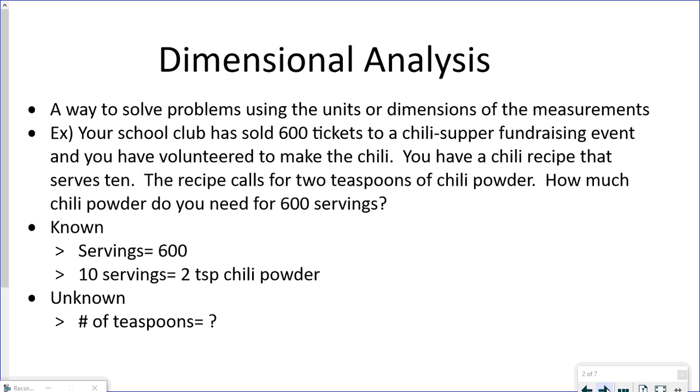So how you would set this up as a dimensional analysis problem to solve for how many teaspoons you need, you always want to start with what is given in the question. So we want to start with those 600 servings.